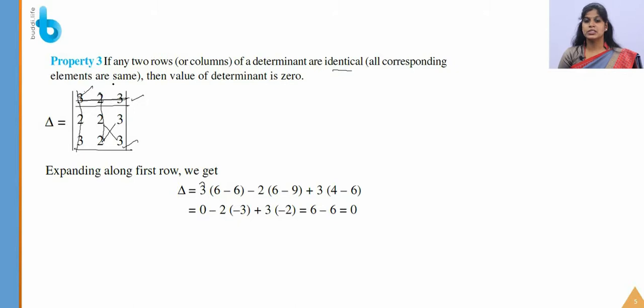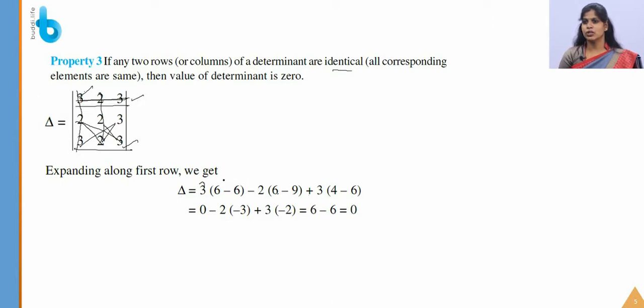Here I am finding the determinant with respect to the elements in the first row. You can even do it with the second row or third row or column-wise also. Minus 2 into, so I will take this 2: 2 threes are 6, 3 threes are 9, 6 minus 9, plus 3 into this 2 thing, 4 minus 6: 2 twos are 4, minus 3 twos are 6.